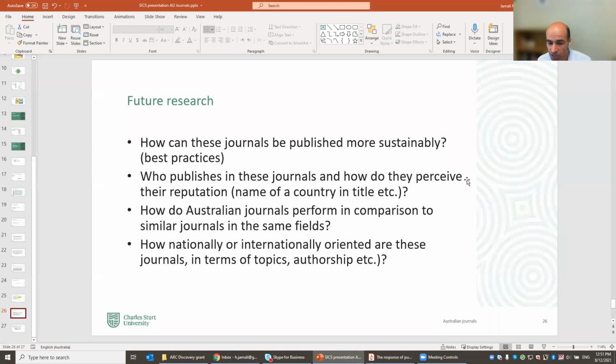Of course, Australia is a bit different because the language is English. If you're talking about Spain, the local journals there are in Spanish, or in Italy. So we are a bit different in the sense that we have the lingua franca of science here in Australia. So journals are in English, not much different in that sense from international journals.